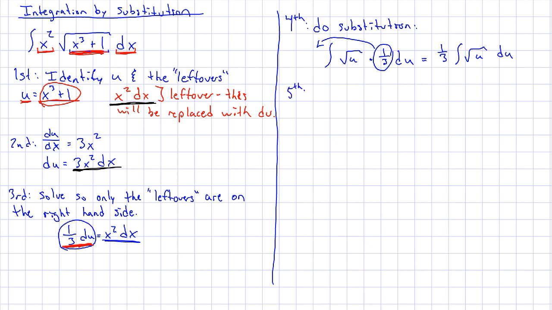Then we need to actually take the antiderivative. So take the integral. So I have 1/3 integral. I'm going to change this to u to the 1/2 because that makes it a little bit more straightforward for me to do my antiderivative using the power rule.